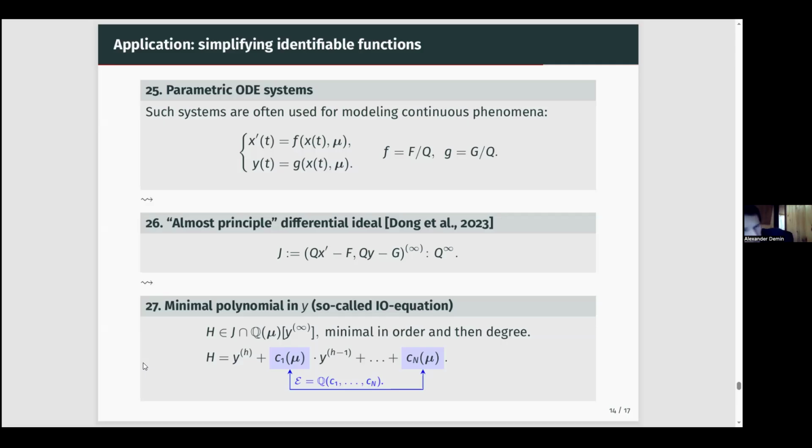So, as you can imagine, such minimal polynomials can be computed using differential elimination. And the results are usually absolutely huge. Right, so that example that I have shown before, where we had like 200 and something generators, it was from this area.